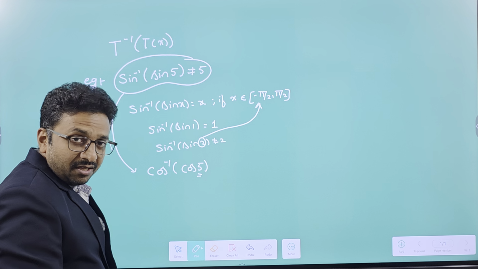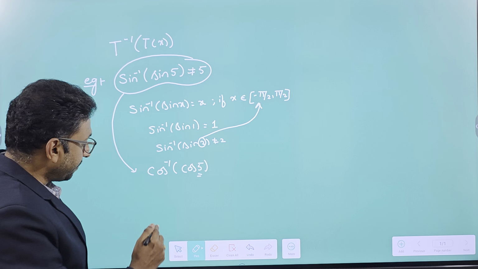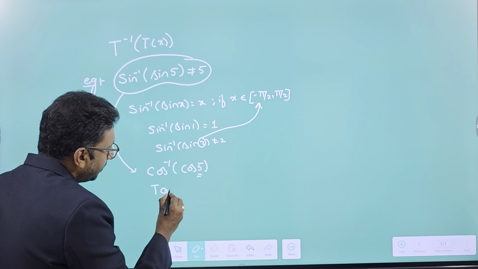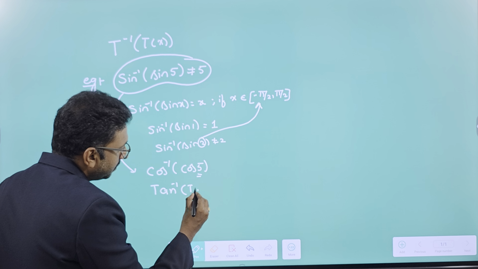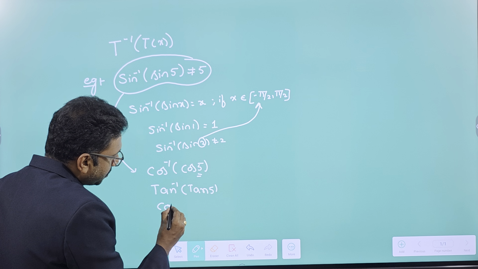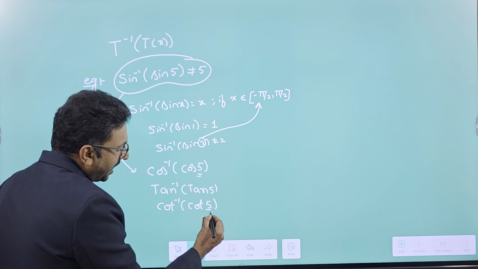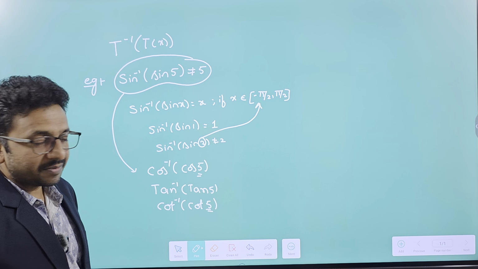This number might change, and instead of sine inverse of sine, it may be cos inverse of cos, tan inverse of tan, or cot inverse of cot 5. Maybe this can be 5 or 10 or 15, whatever it is.